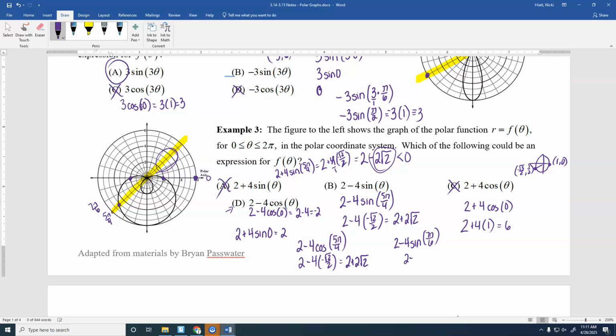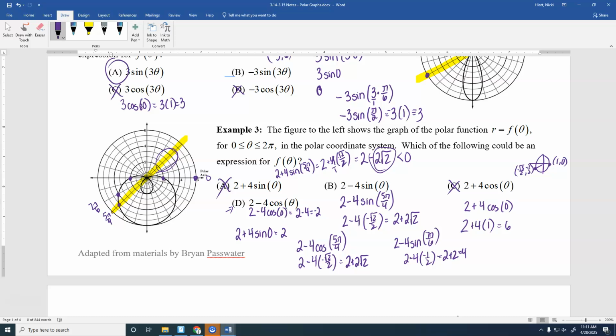So we're going to have 2 minus 4 times, sine is y coordinate, negative 1/2, which is going to be 2 plus 2, which is 4. That's looking good right there, because that hits perfectly at 4. I probably should have checked that one before 5 pi over 4. I should have seen that that one had grid lines there.